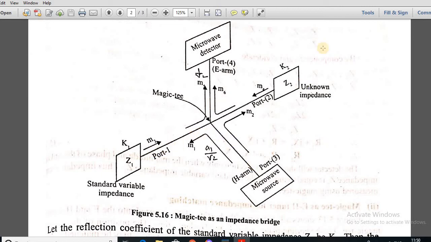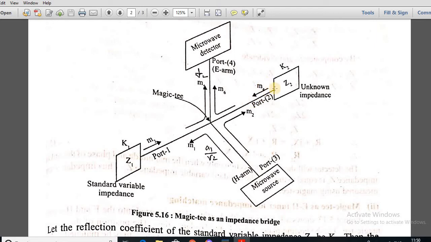We have already seen in the previous class that whenever there is an input from port 2, there is no output at port 1, but equal in magnitude output is available at port 3 and port 4, and the port 4 output is 180 degrees out of phase with the output at port 3. The reflection coefficient of port 2 is K2, the ratio of reflected component to incident component.